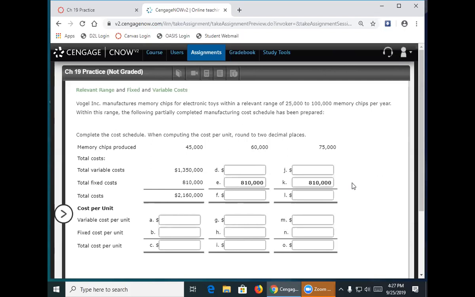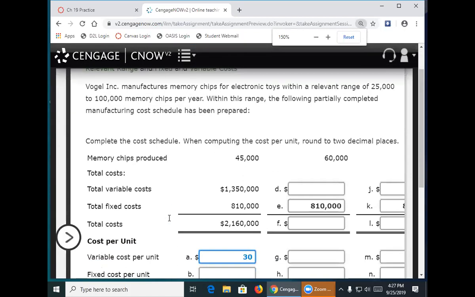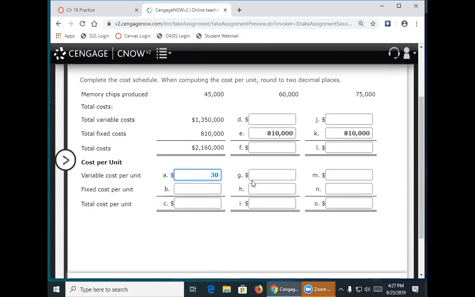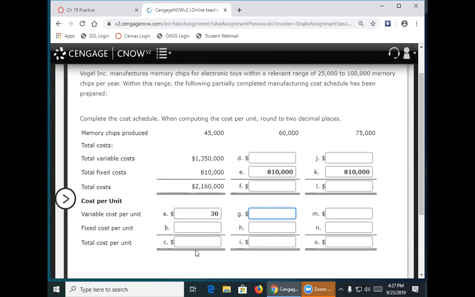So what is my variable cost per unit? 30, good. I'm going to pop this down as a per unit because it's there. And again, variable cost per unit stays the same at any level of production.